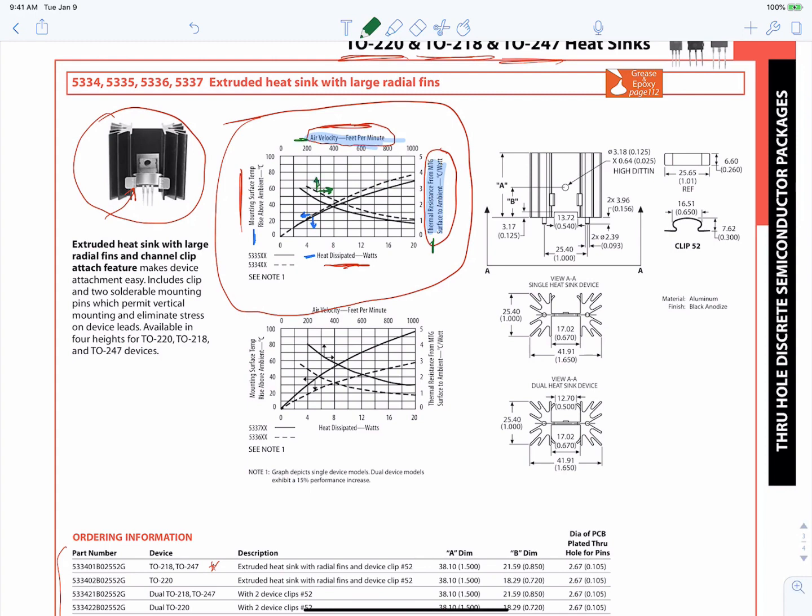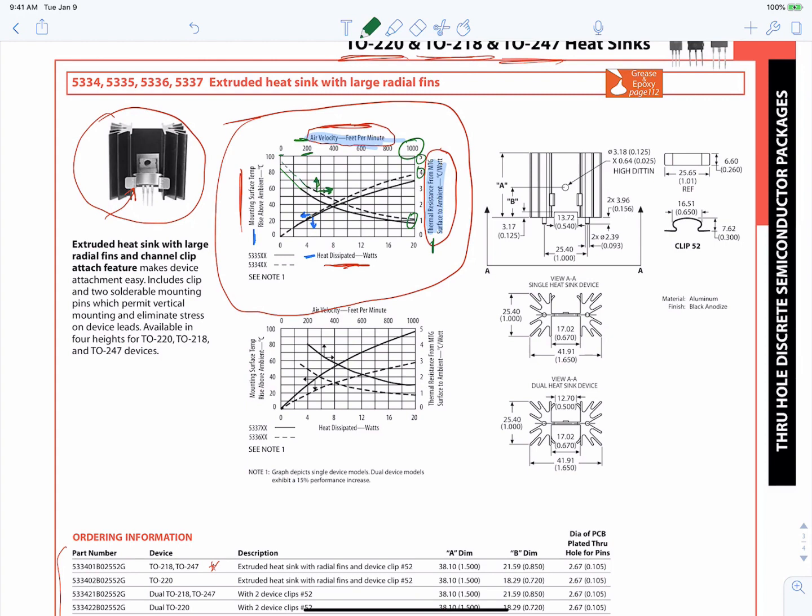And so you can see that we get different thermal resistance values based on the conditions that we're using our heatsink in. So if we have forced air cooling, if we have a very high air flow rate, you can see that we're going to get very low sink to ambient thermal resistance values. Whereas if we have very little airflow or even no airflow, we can extend these trend lines up to a case where we have no airflow. You can see that our thermal resistance is much higher.